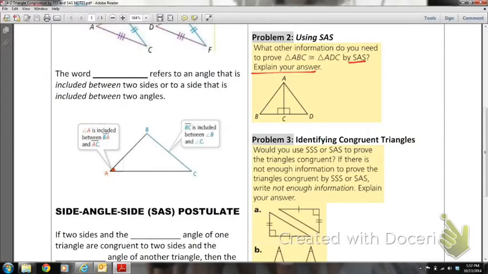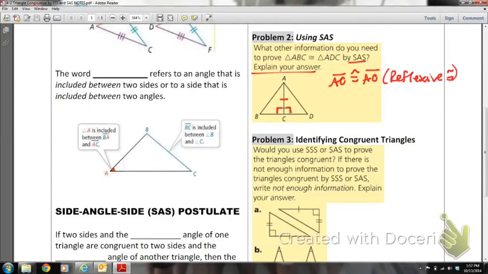We can already tell from the diagram there's a shared side, AC. So we already know that AC is congruent to AC because of the reflexive property of congruence. So we have that information that we can use. And we also can tell from the diagram that we have two right angles.